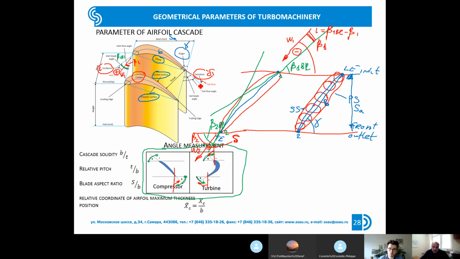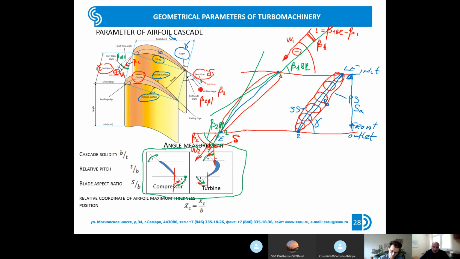So if we use this picture, this will be beta 2 blade and this beta 2, simple. So a little bit different picture because this picture is for the turbine.